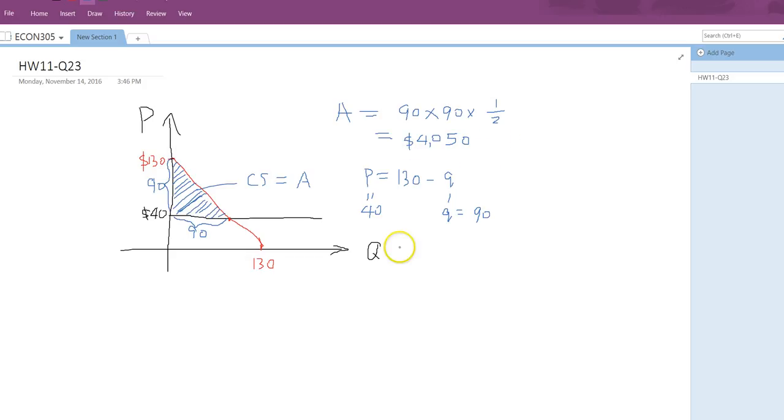So this is the access fee, and the price equals the marginal cost, 40.